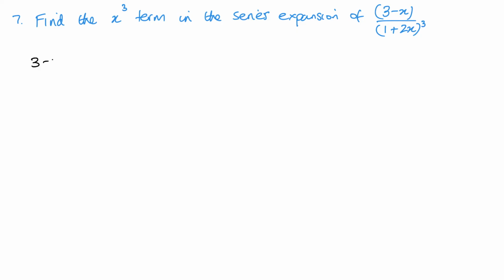So this one we first need to write in this form, two brackets kind of multiplying by each other. Then we just need to look at the series expansion of the 1 plus 2x to the negative 3. And we're going to need the x squared term and the x cubed term.